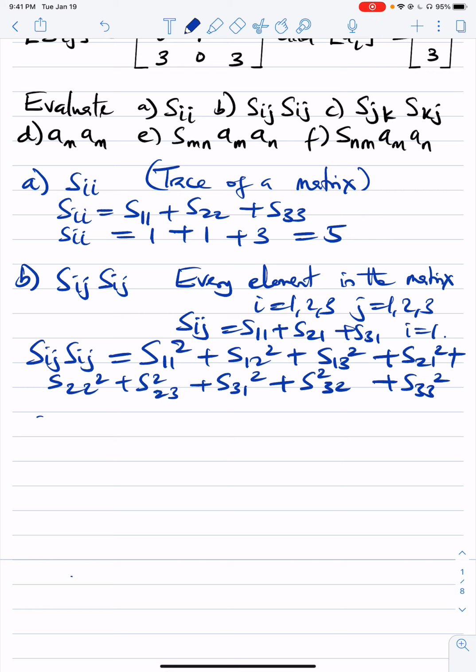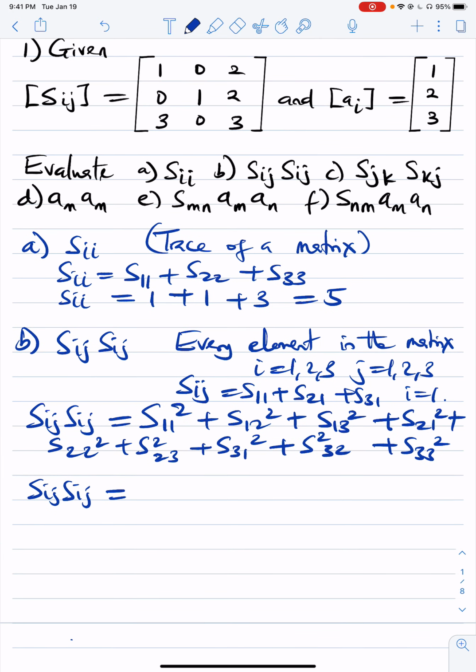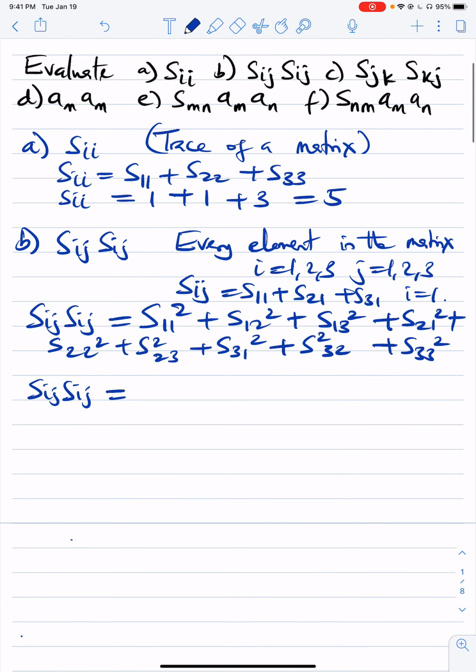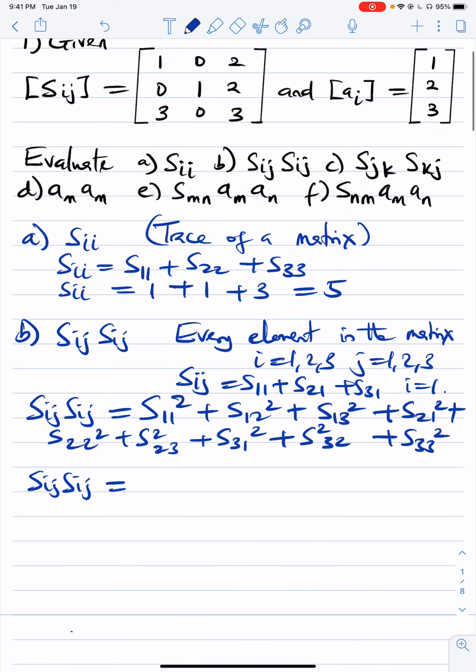Right. So SijSij will be equal to S11 squared, it's just like saying row 1 column 1, then S12, S13, S21, S22, S23, like that. So you're simply squaring all the entries in that.